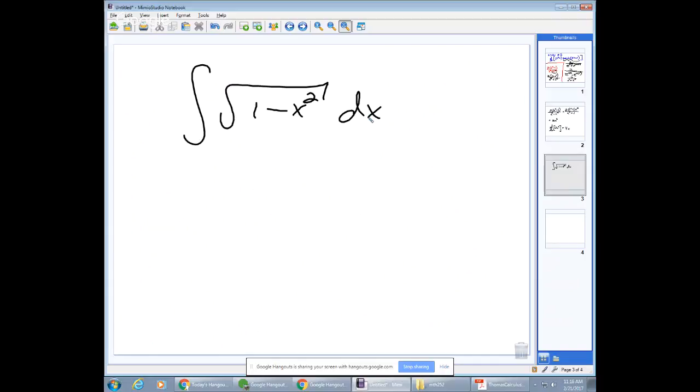The book just says, hey, notice it's a semicircle. So if you integrate this from, let's say, x equals 0 to 1, you've just generated the area of a quarter circle. And we know the radius is 1, so from basic geometry we know the value, but we still don't have an antiderivative.